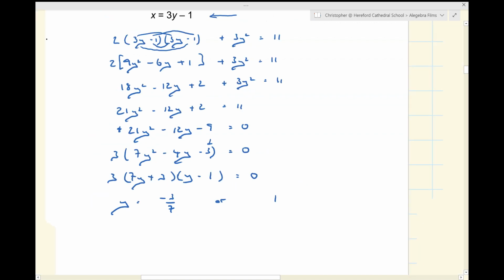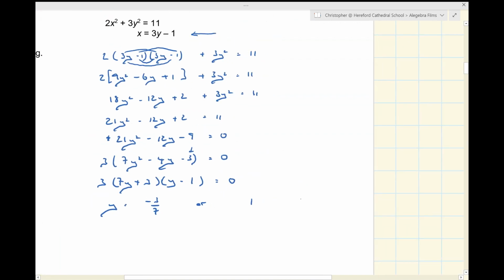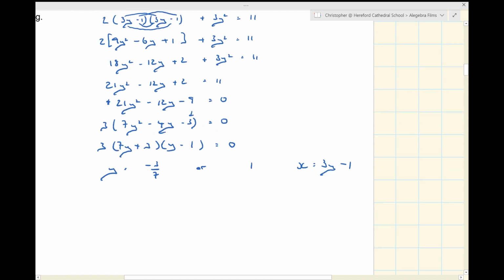Now, how am I going to find x? Well, I know that x is 3 times y minus 1 from up here. So if y is minus 3/7, then x is 3 times that, so minus 9/7 minus 1. Of course, you can use your calculator as much as you'd like to. That gives me minus 16/7.